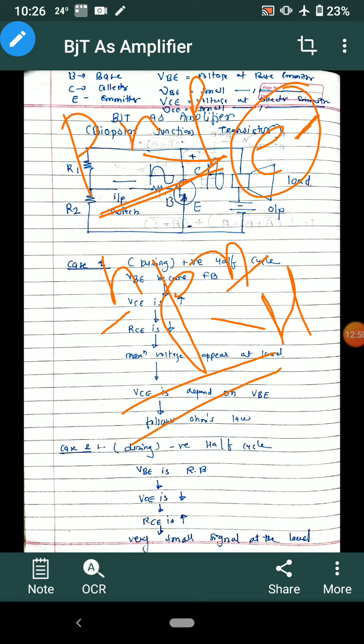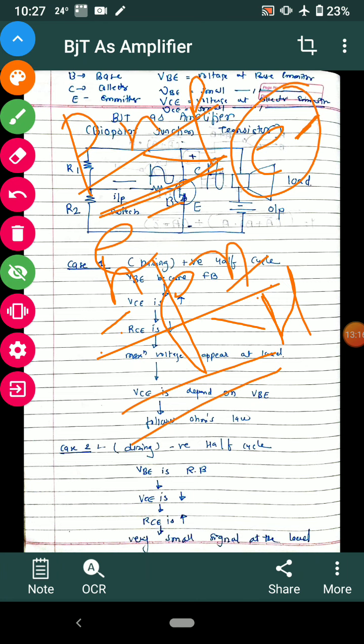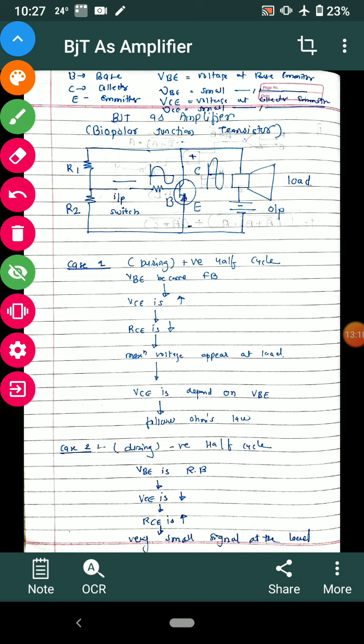In PNP, the two Ps mean current flows through holes. In NPN, the two Ns mean current flows through electrons. N stands for electron, P for holes. This is very important information, and it is asked in many interviews.